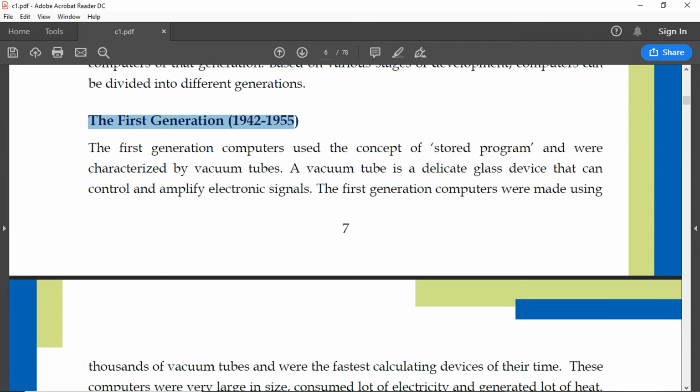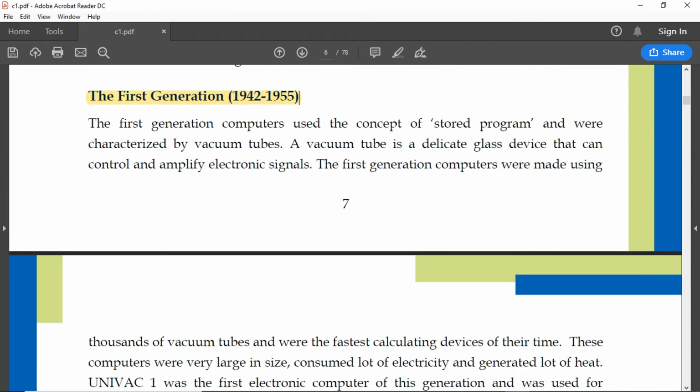The first generation, 1942 to 1955. The first generation computers used the concept of stored program and were characterized by vacuum tubes. A vacuum tube is a delicate glass device that can control and amplify electronic signals.